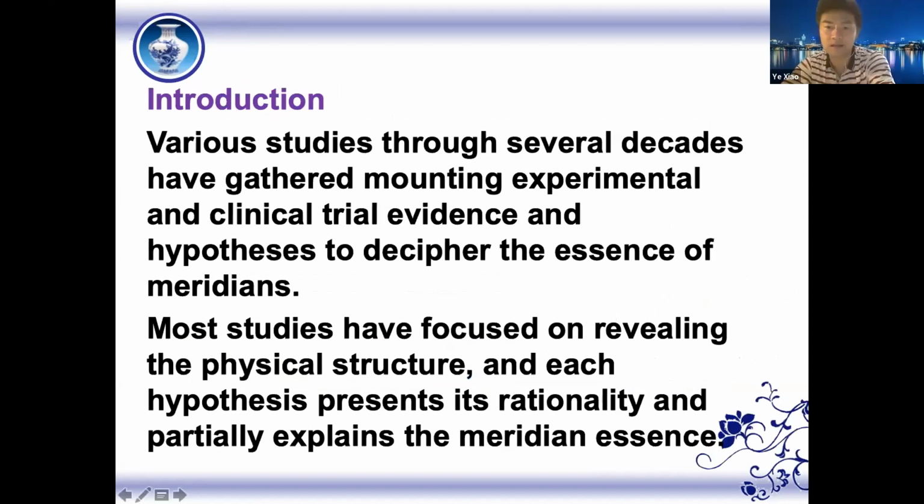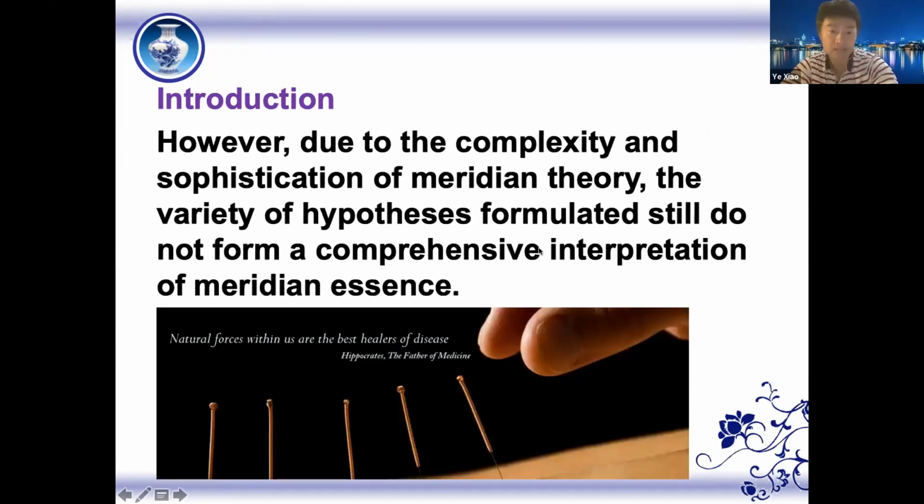Various studies through several decades have gathered mounting experimental and clinical trial evidence and hypotheses to decipher the essence of meridians. Most studies have focused on revealing the physical structure, and each hypothesis presents its rationality and partially explains the meridian essence.